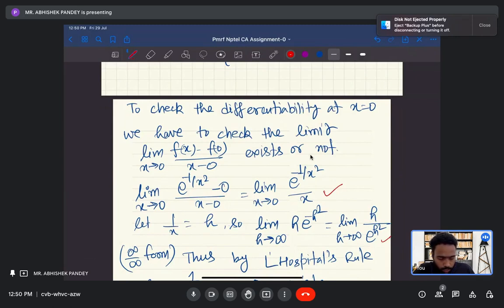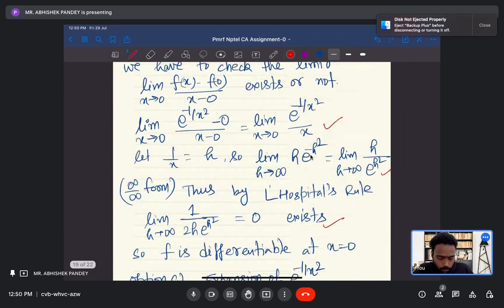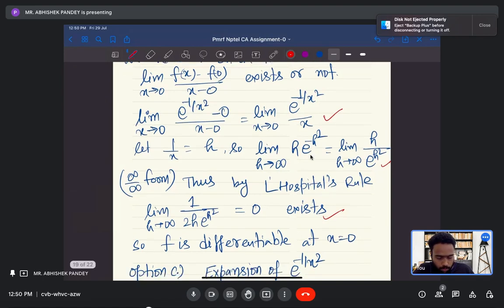Take 1 by x equals h. So the limit as h tends to infinity of h e to the power minus h square equals the limit of h upon e to the power h square, which is of the form infinity by infinity. Thus by L'Hopital rule, the limit as h tends to infinity of 1 upon 2h e to the power h square equals 0, so it exists. So f is differentiable at x equals 0.